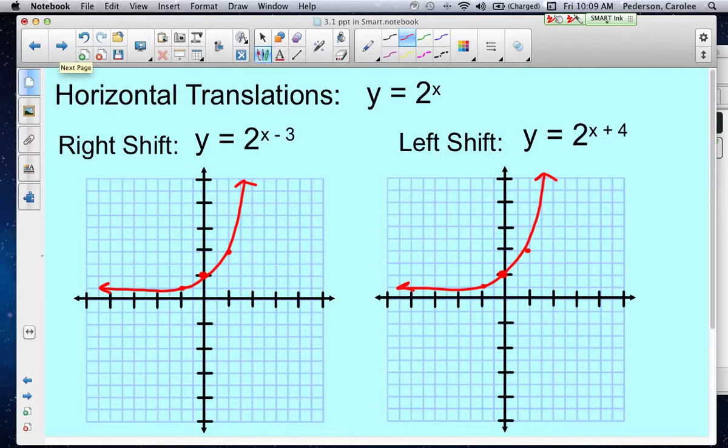Now we're going to move that critical point. And we're going to shift it in the first example to the right 3. So if it's normally 0, 1, where is our critical point going to be now? Over 3 up 1.